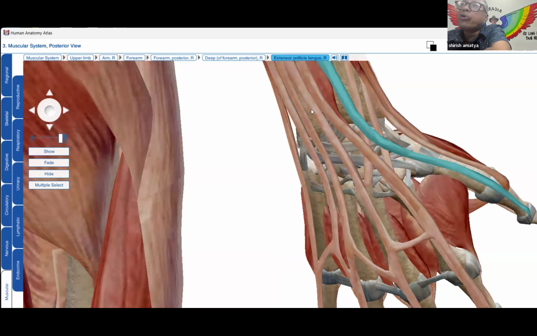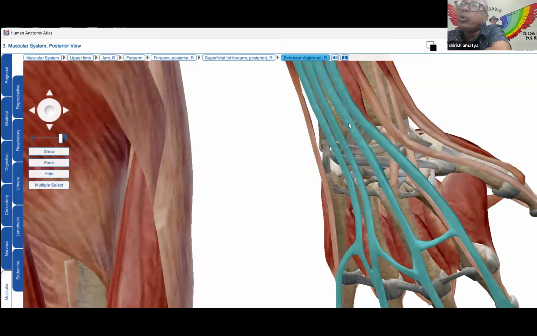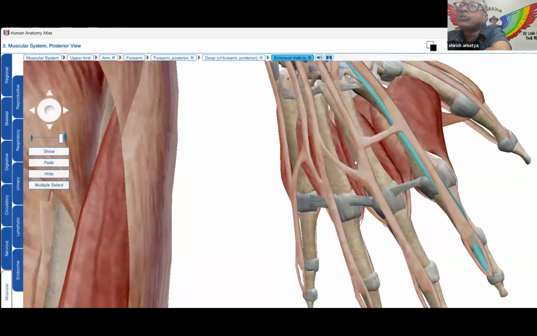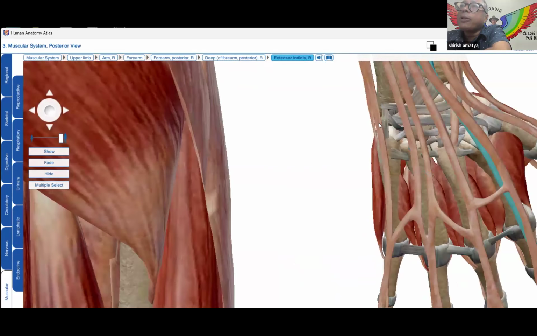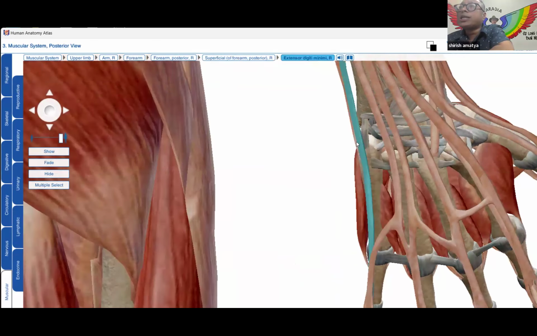Okay, the fourth compartment, as we know, has 5 tendons. This is extensor digitorum going to the second to fifth finger, and one more tendon is there, extensor indicis, which is going to the index finger. And the fifth compartment is usually located just above the radio-ulnar joint.